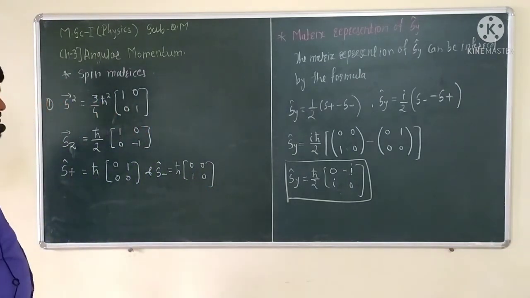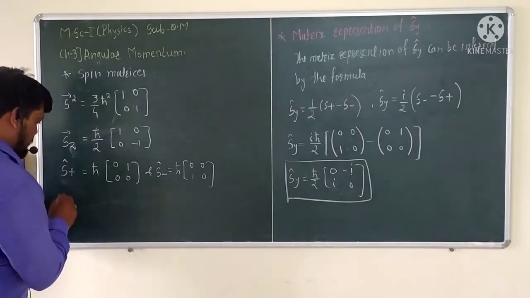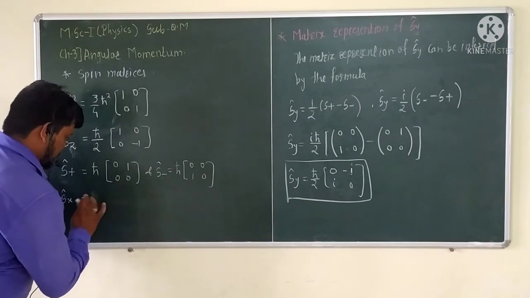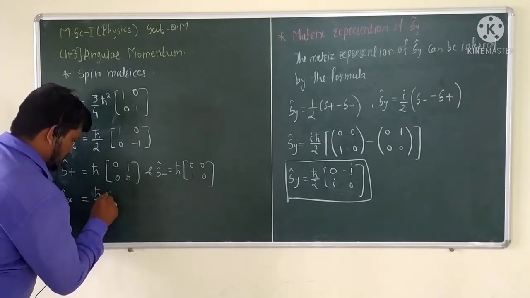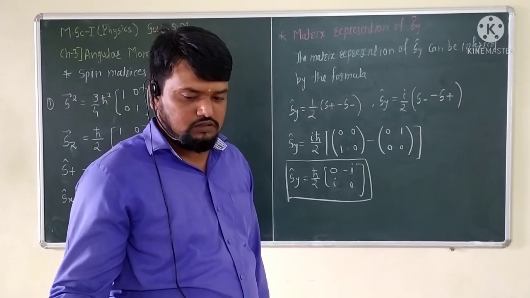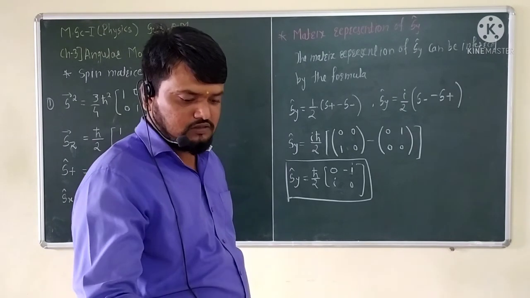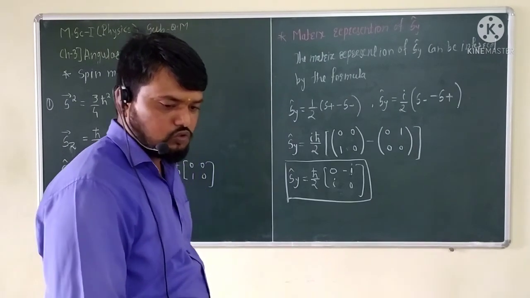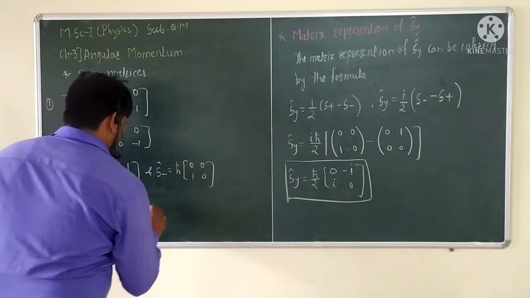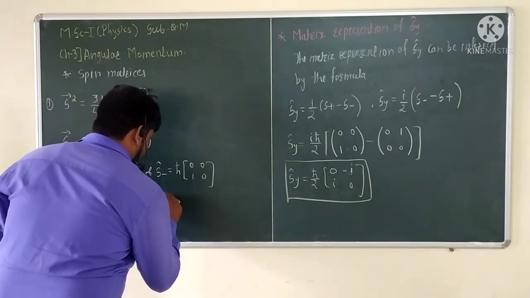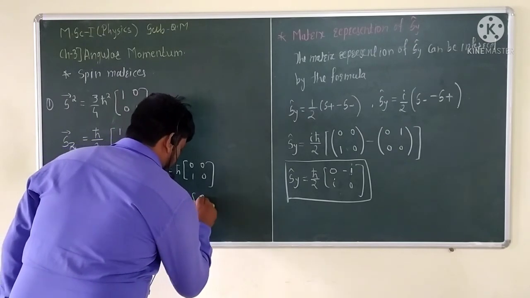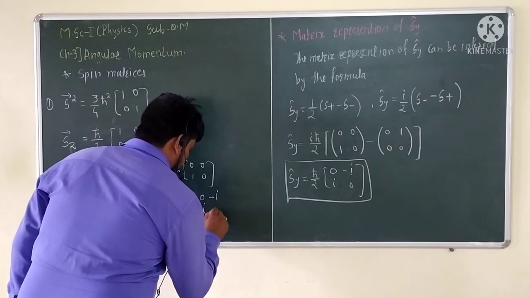The matrix representation of Sx cap is h cross by 2 times 0 1 1 0, and the matrix representation of Sy cap is h cross by 2 times 0 minus i, i 0.